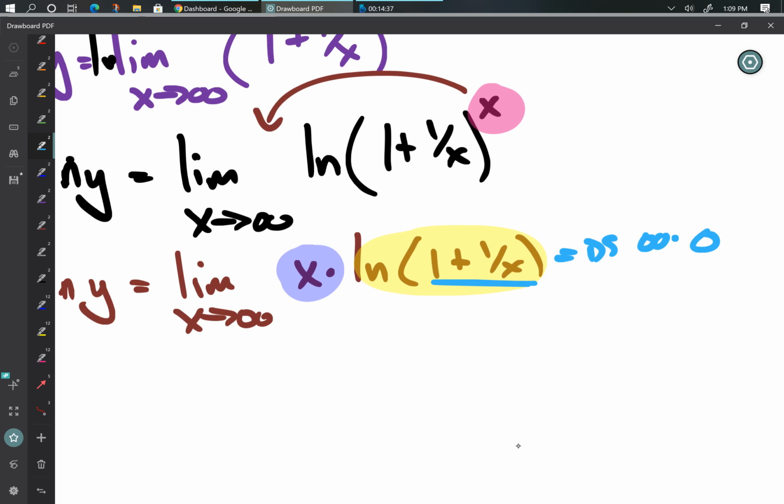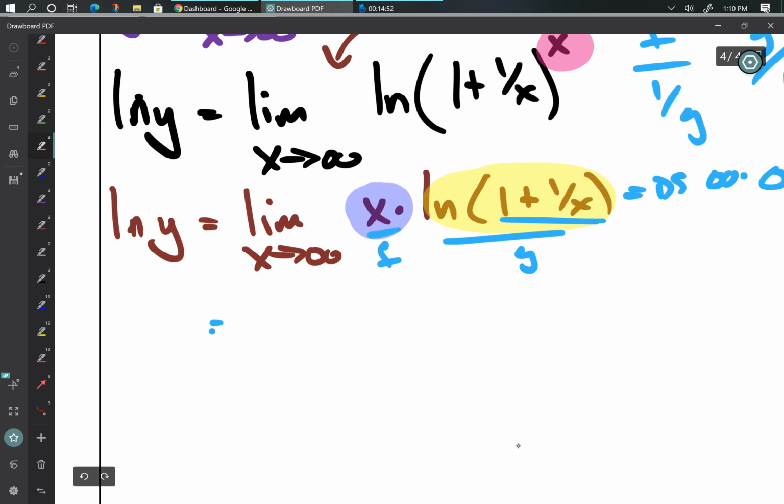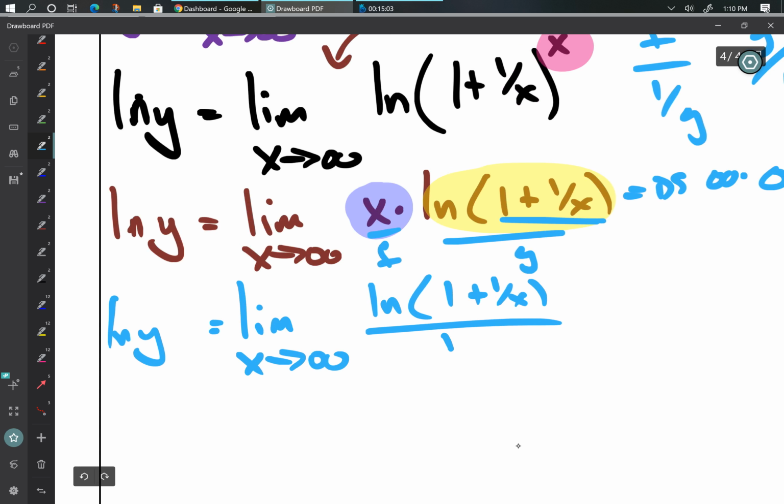So then we have to think of this as an f and a g and decide, do we want f over 1 over g, or do we want g over 1 over f? Well, I absolutely don't want 1 over g because I don't want 1 over the natural log of that hot mess. So I'm going to rewrite this as the natural log of y is equal to the limit as x approaches infinity of the natural log of 1 plus 1 over x, over 1 over x. And now I've got my 0 over 0 that I'm looking for.